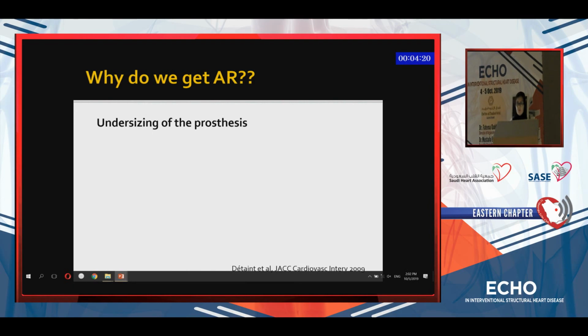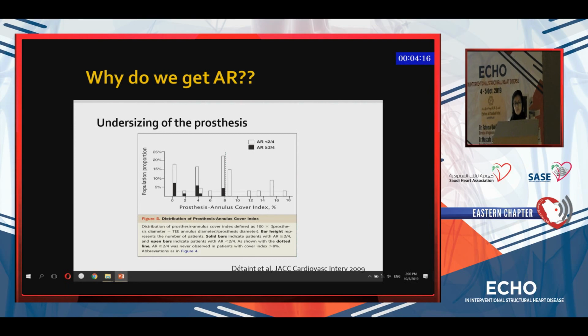Now, why do we get aortic regurgitation? The number one reason here is undersizing of the prosthesis. There is a nice trick that you can use, which is called the prosthesis annulus cover index. It's a calculation: the prosthesis diameter minus the TEE annulus diameter, over the prosthesis diameter, multiplied by 100 to give you a percentage.